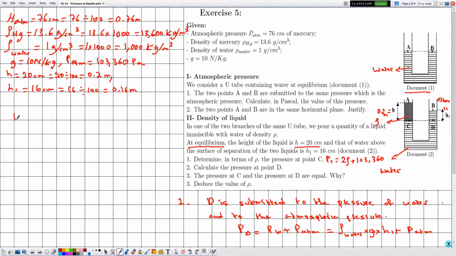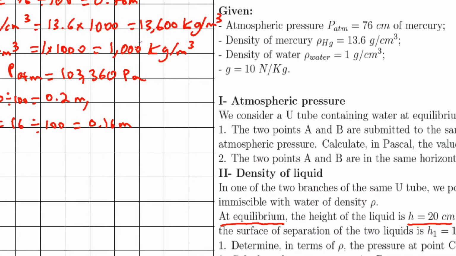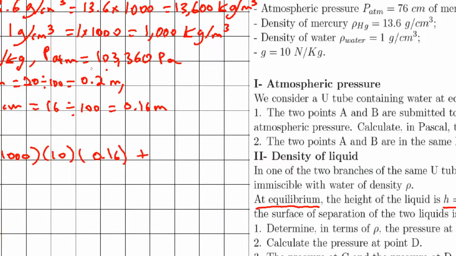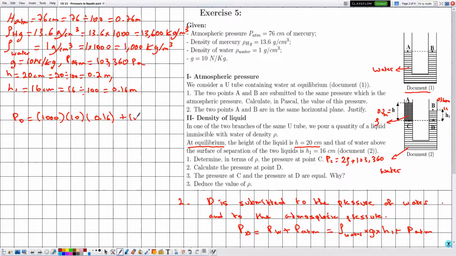So the pressure at the point D is equal to the density of water, which is 1000 in the SI, multiplied by the value of g, which is 10, multiplied by h1, which is given by 0.16, plus the numerical value of the atmospheric pressure, which is 103,360.